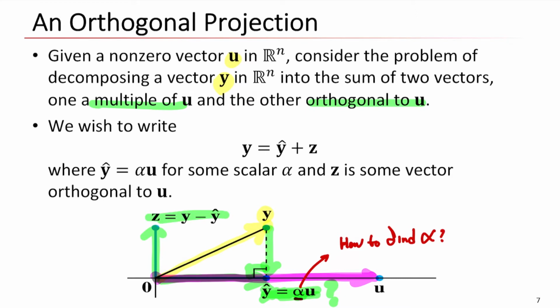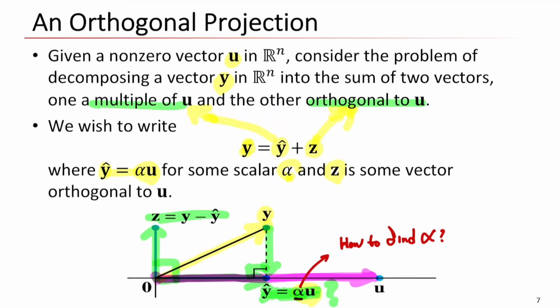So we wish to write the vector y as one multiple of u plus one orthogonal to u, something like this, where y hat is equal to alpha u, for some scalar alpha, and z is some vector orthogonal to u.